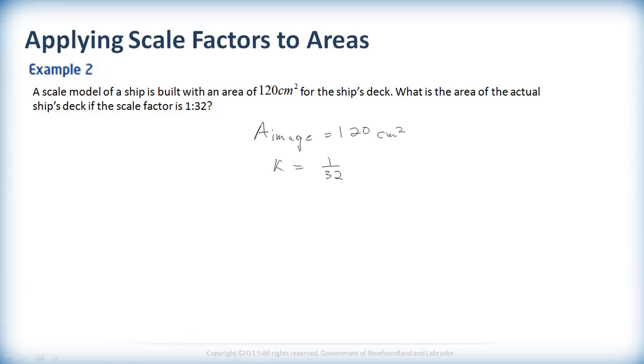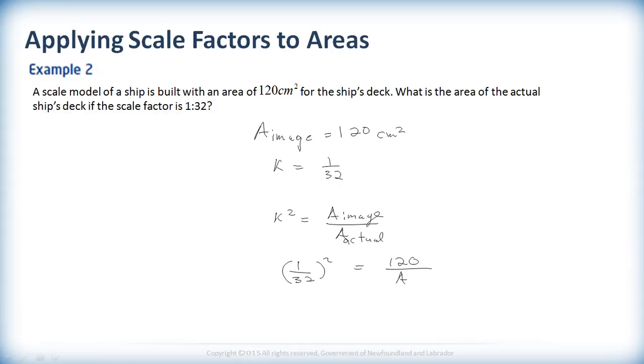Okay, I'm going to start with my formula that says k squared equals area of image over area of actual. Now I know I've got 1 over 32 that has to be squared for my k here, and the area of the image is 120 centimeters squared, so the area of the actual is the thing that we want to find.